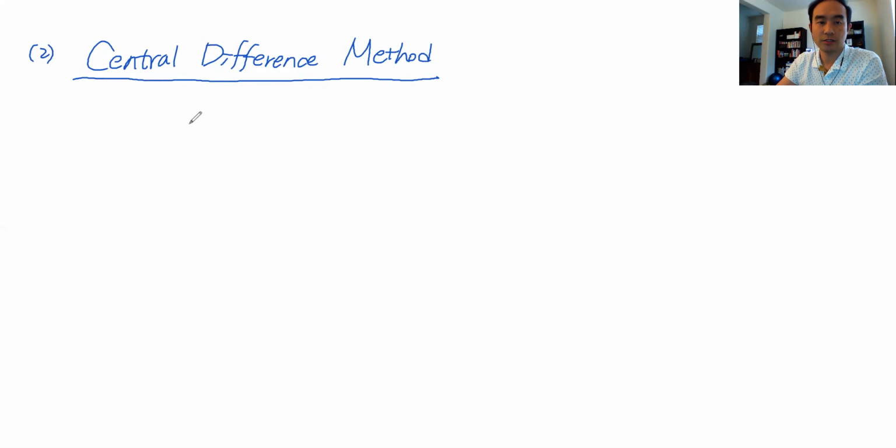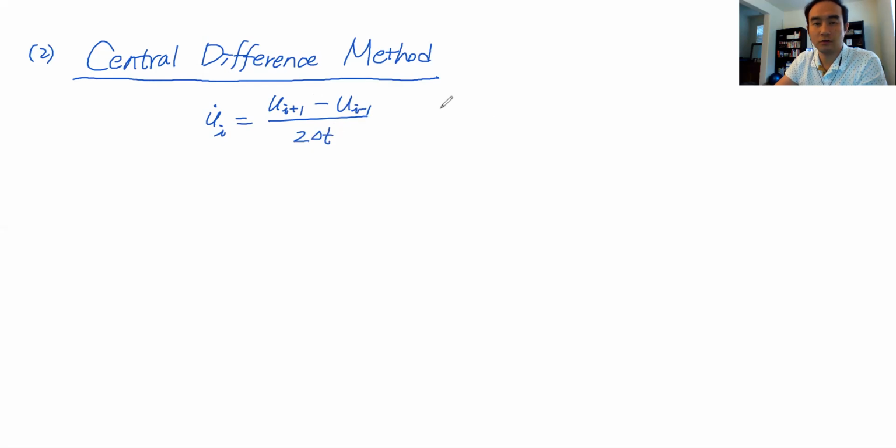So the main equations that we had, from the derivation, u dot i, this is the velocity at the current step i, is in terms of u i plus 1 minus u i minus 1, over 2 times delta t.